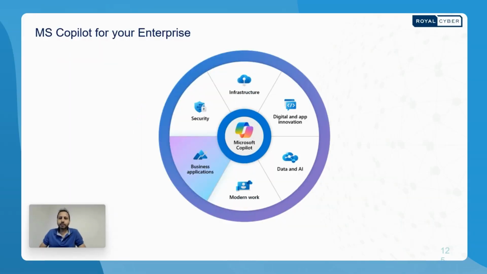Royal Cyber can help you leverage Microsoft Copilot to integrate major functional areas of your business, such as infrastructure, digital and app innovation, data and AI, modern work, business applications, and security.